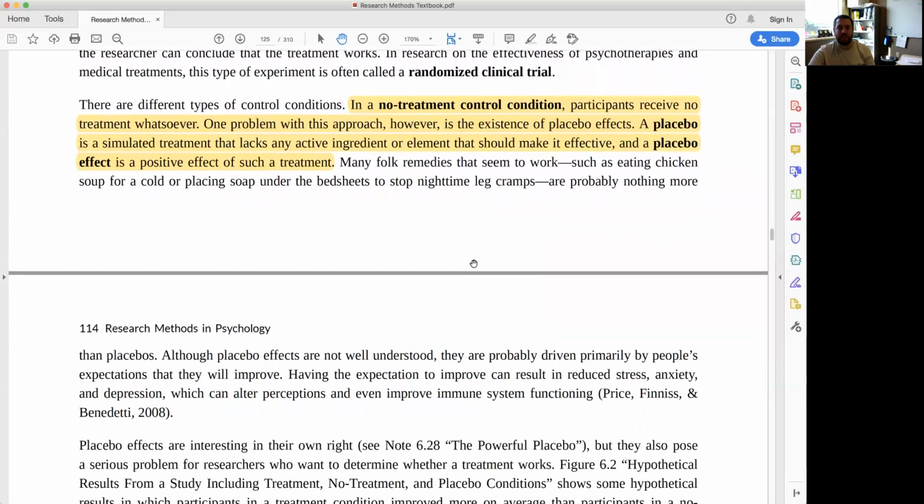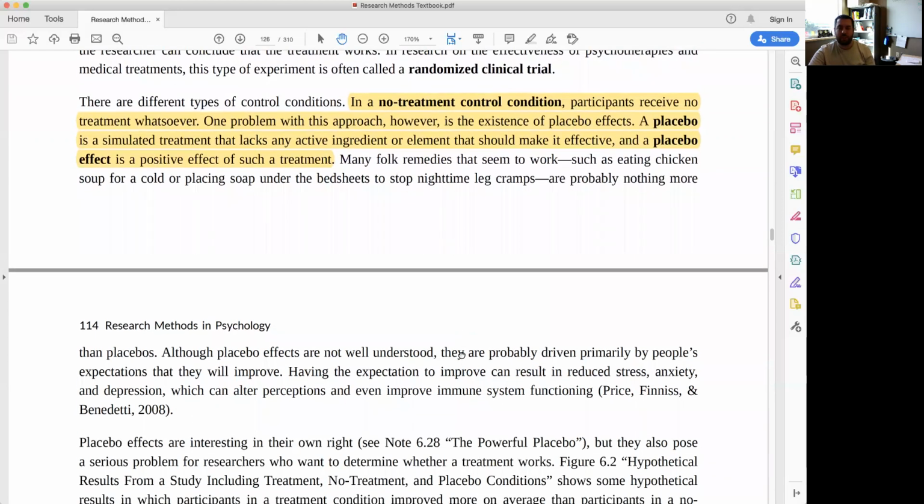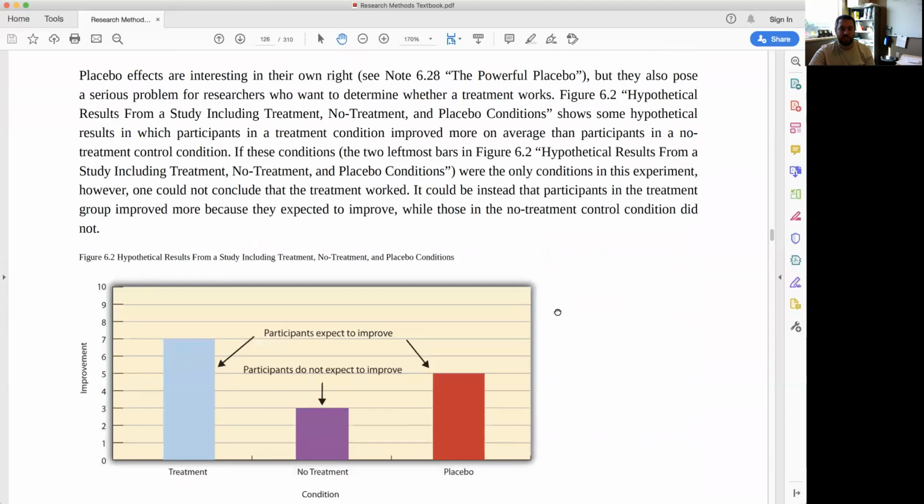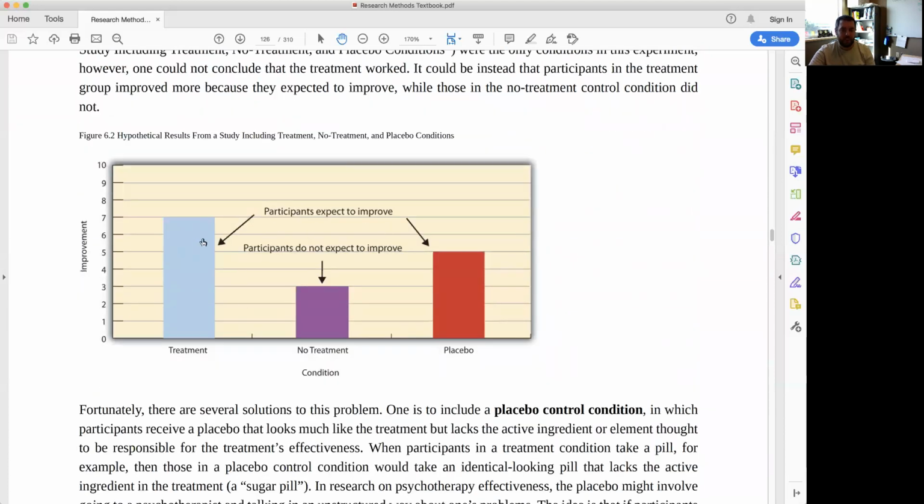So this is where you can do a wide variety of things, and one of them is listed here. You have your treatment condition, you have the no treatment condition, and you actually inform them that whatever it is that we're doing to this group, we are not doing to you. And then you have a placebo group that you say, all right, we're putting you in the treatment condition, but you're not giving them the actual treatment.